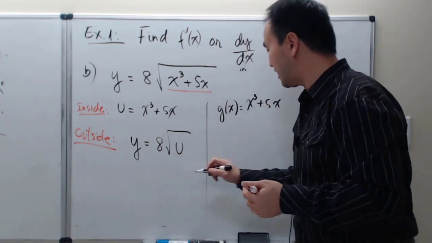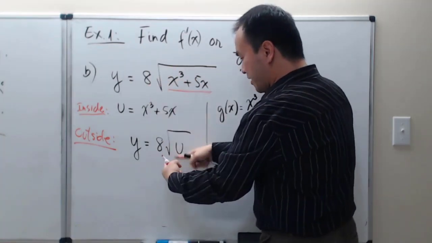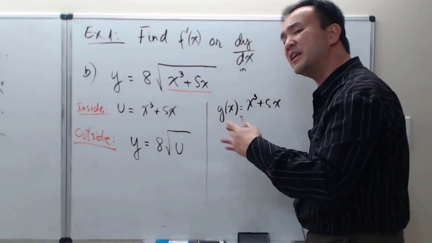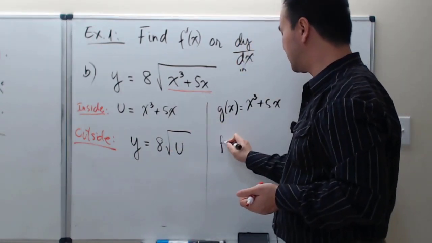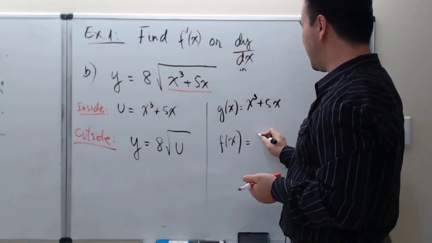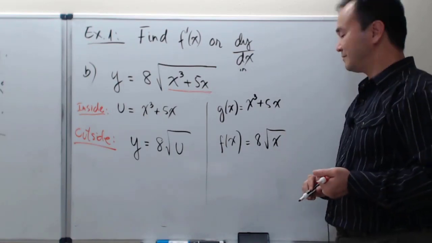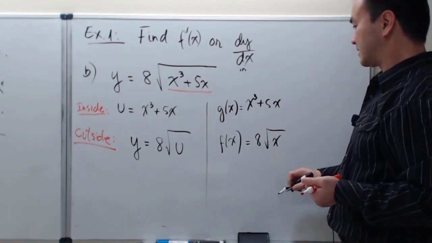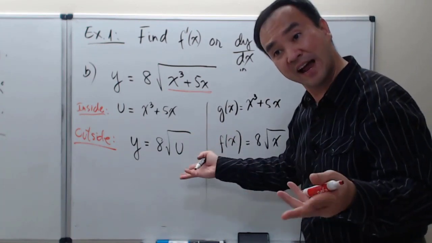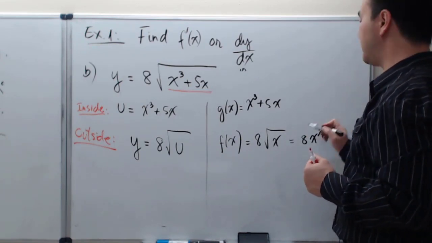For the outside function, it's 8 times the square root of something, so I can call that f of x, 8 times square root of x. Recall that a square root is a power of 1/2, so think of that as 8 times x to the power 1/2.